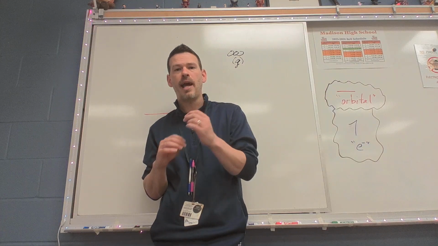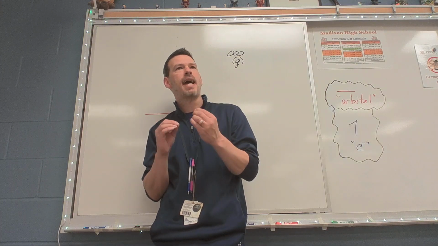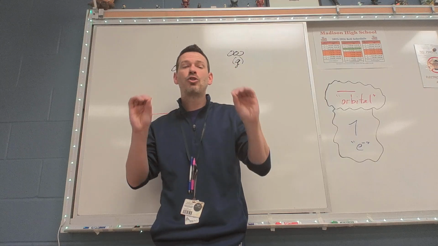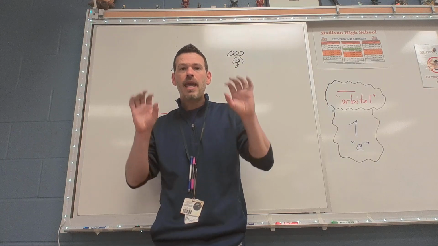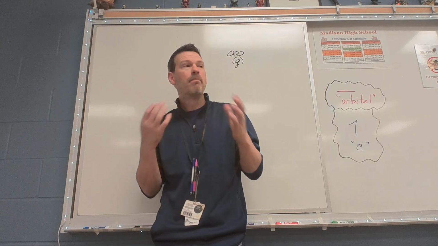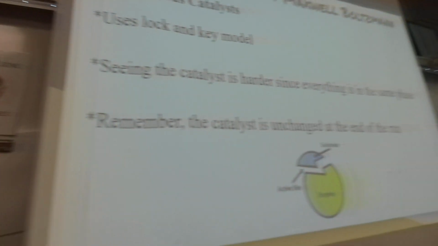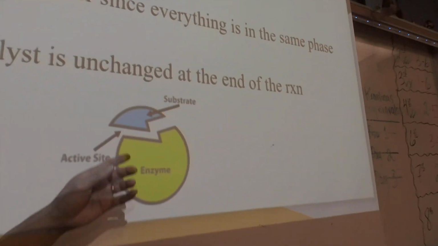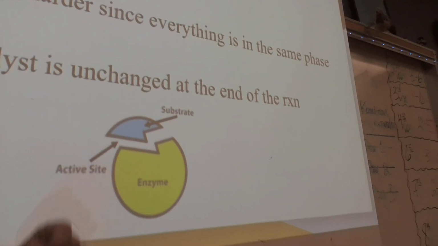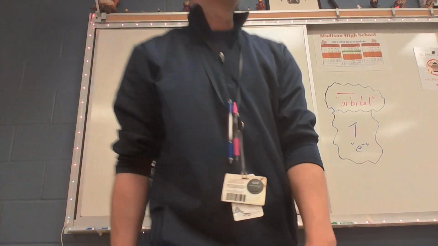But what I do want to point out about homogeneous catalysts is that they're super specific. It all has to do with shape most of the time. If you look at that image there, it's probably one that you saw in biology. But in order for this to work, the reactant has to perfectly fit inside the enzyme because these homogeneous catalysts, again, are super specific.